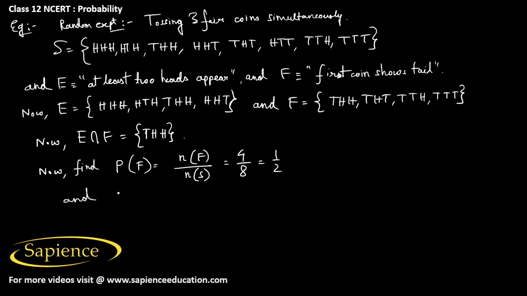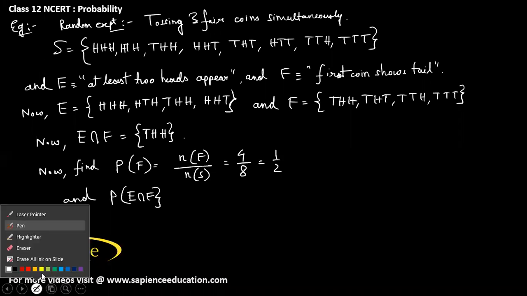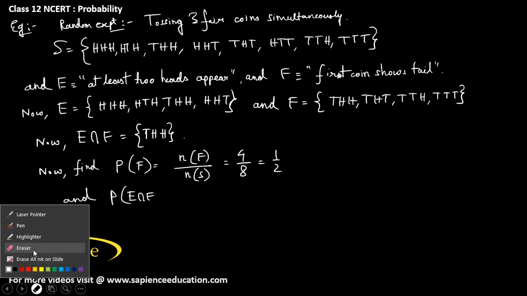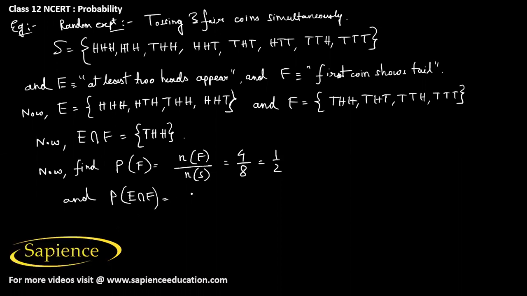And the probability of E intersection F is 1 by 8.